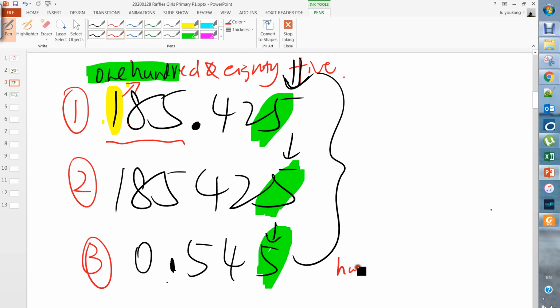If this is the 100, what is next? Left, right. What is on the right of 100? Oh, okay, good, 10. Good. Then what is on the right of 10? 1. Okay, good. So based on this, which one is the 1 for case 1?